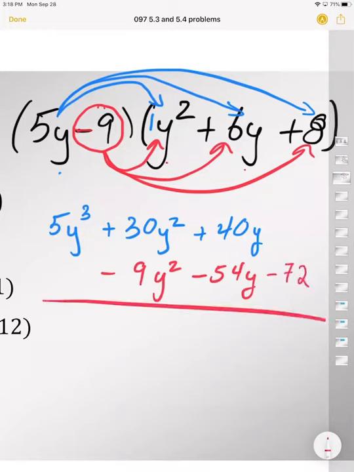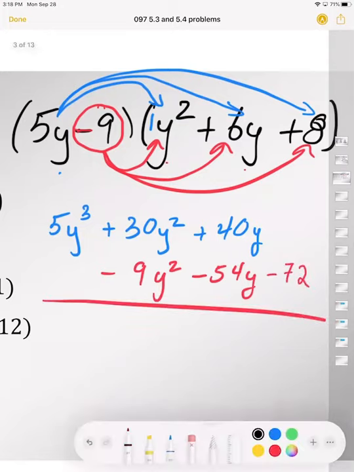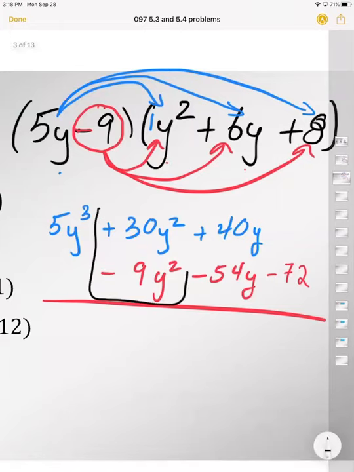And ladies and gentlemen, question on where I have my blue ink versus where I have my red ink. And if you don't have question, very redundant, right? My y squared, I need to add them, or in this case, subtract them, and vice versa, my y, I need to subtract them.